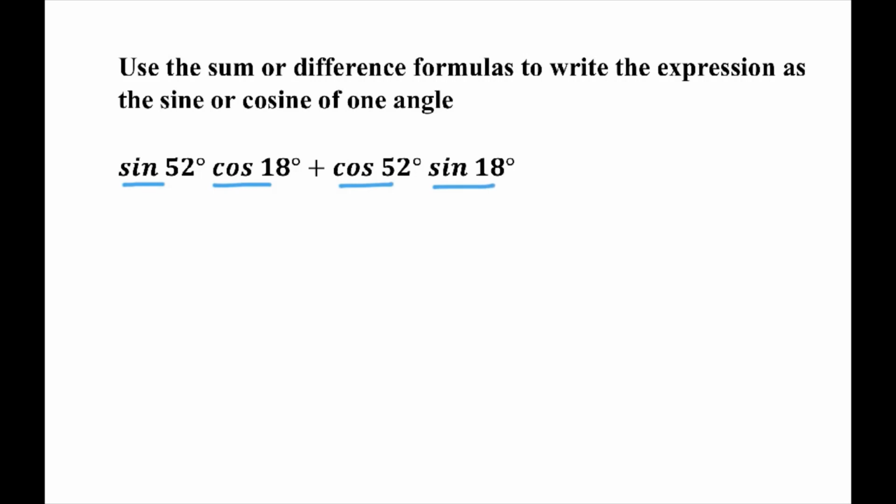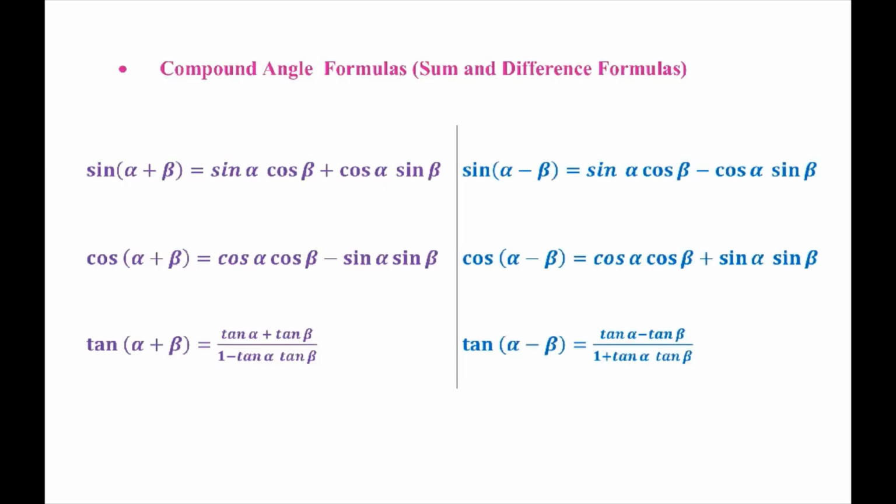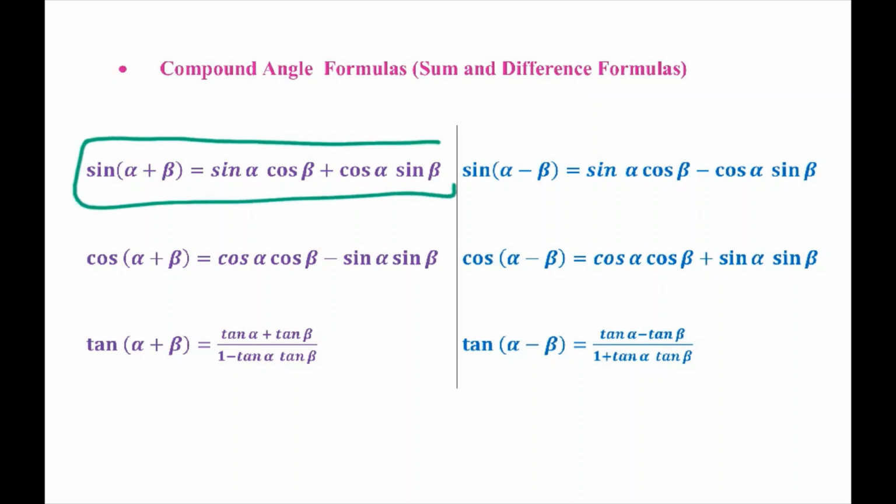Which formula are we going to use? Sine times cosine plus cosine times sine, it's going to be this one. So we're going to use the sine of the sum of two angles.